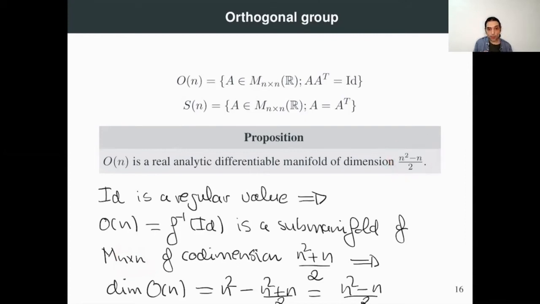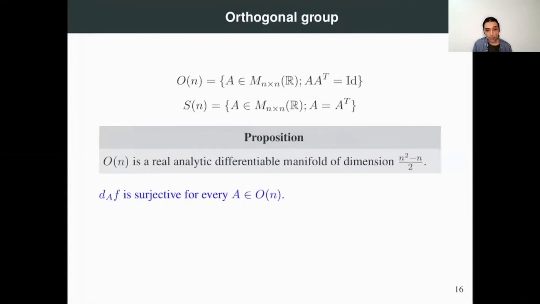So if we prove that the identity is a regular value of that map, it's over. Everything is true. The real analytic structure is derived from the fact that F is a real analytic submersion. That's it. So let's go.